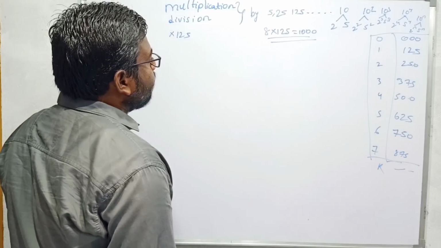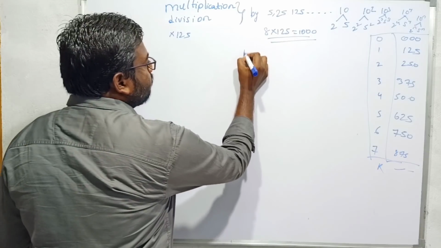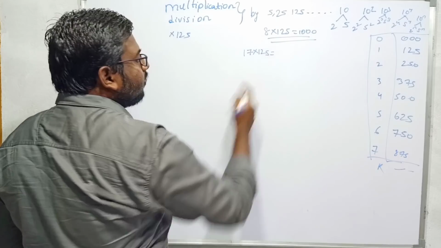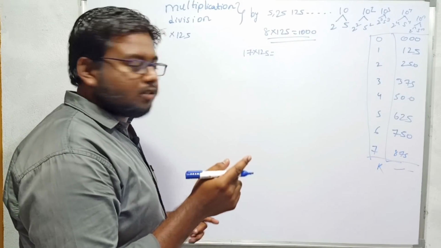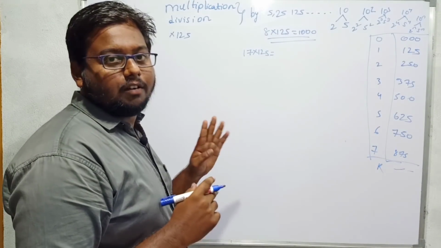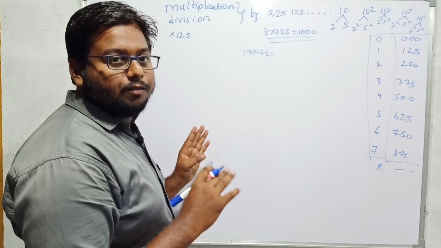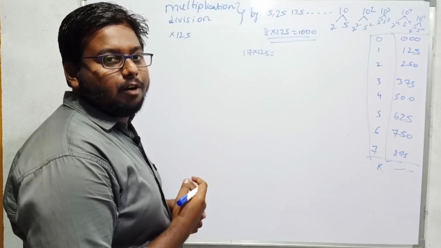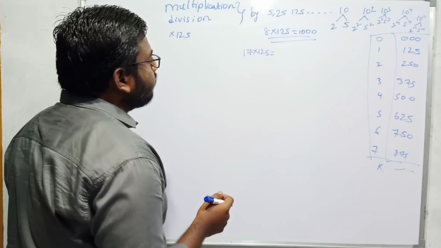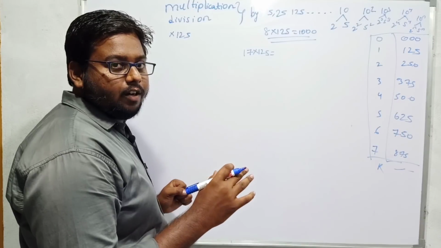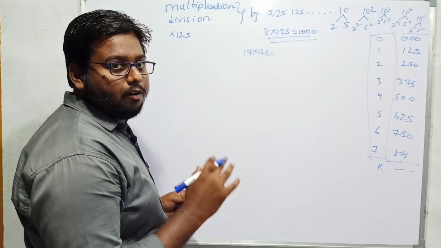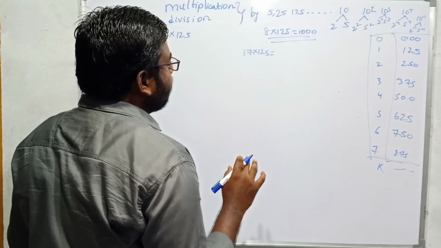So if I have to multiply any number with 125, for example 17 by 125: 8 125s form 1000. So 2 eights form 2000, that is 2 into 8 into 125 forms 2000. How many 125s there are depends on 8. 8 125s form 1000, so we have to keep that in mind.